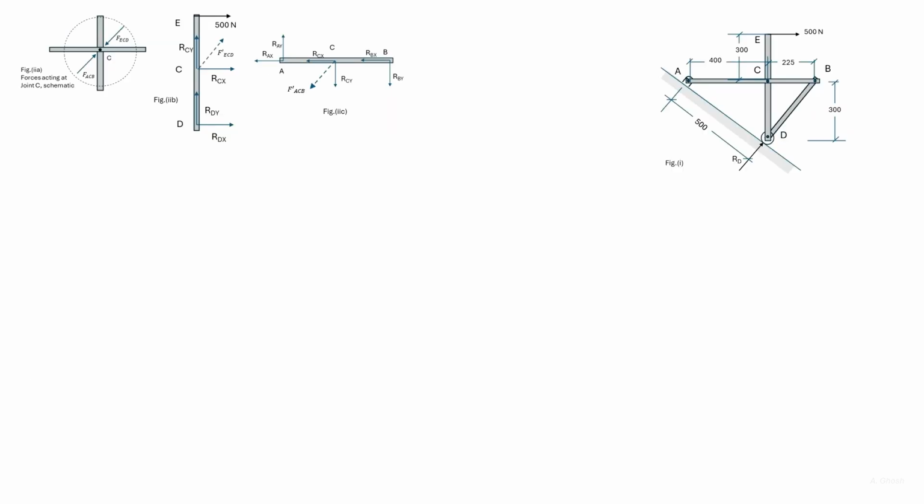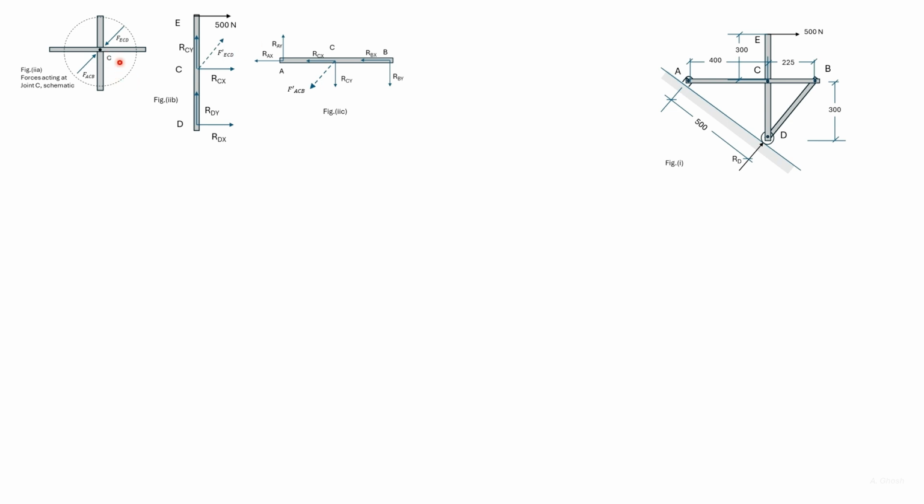We continue to look at the joint at C. FECD is a force due to the member on the joint. The joint will react with an equal and opposite force F dash ECD on the member ECD. This force is of more concern to us since we are looking at the equilibrium of the members rather than the joints.